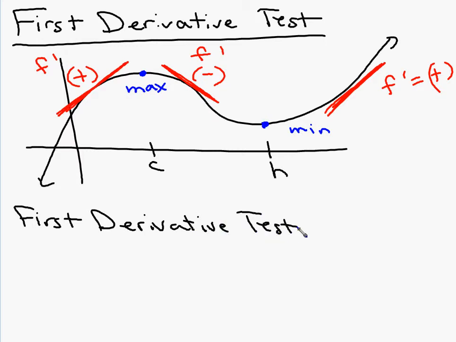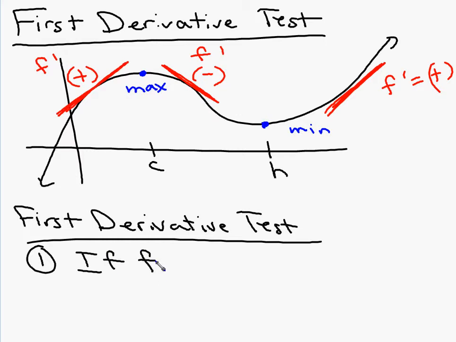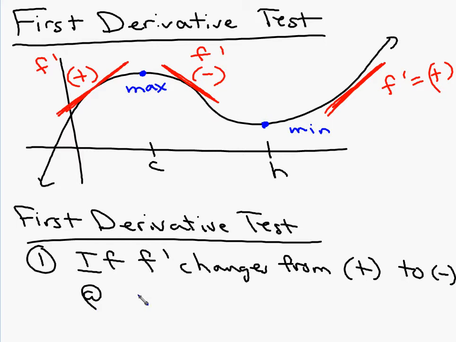The first derivative test says, number one, if f prime changes from positive to negative at c, then f of c is a local max.